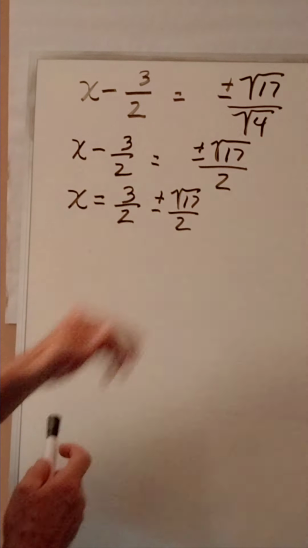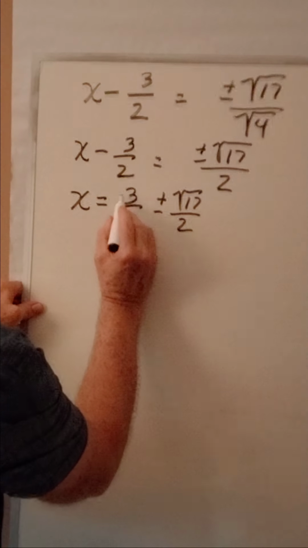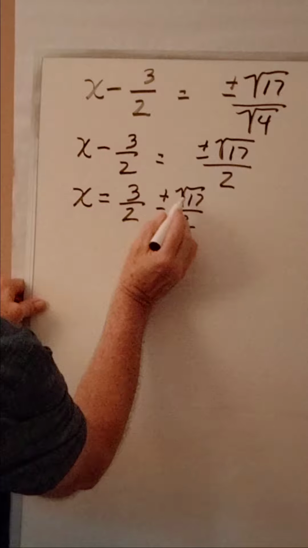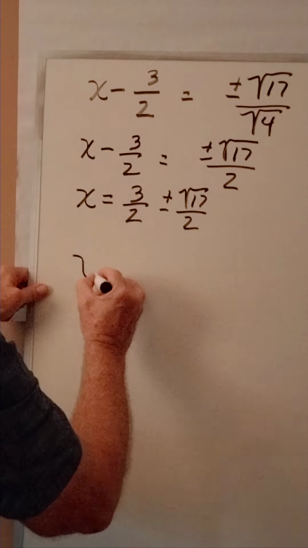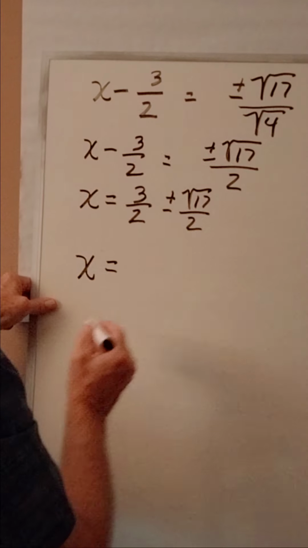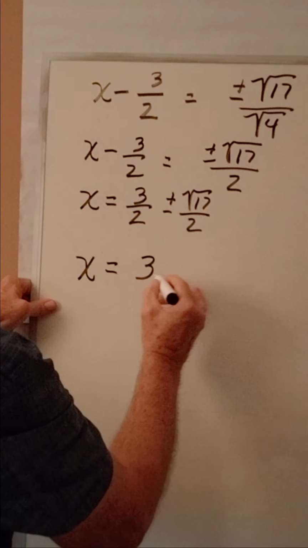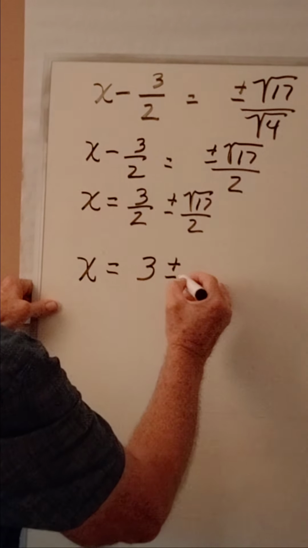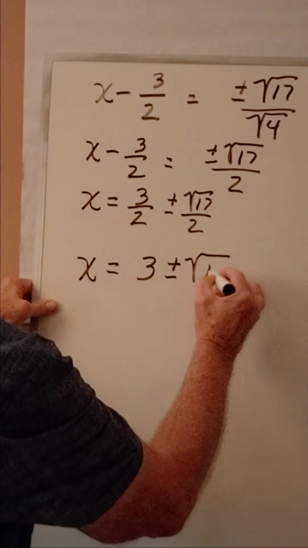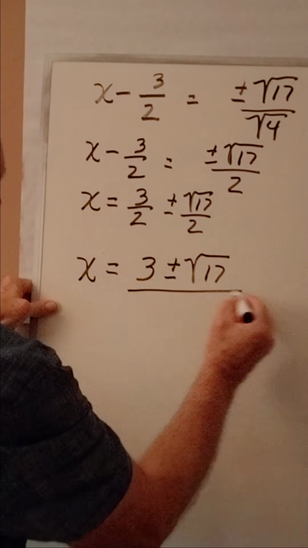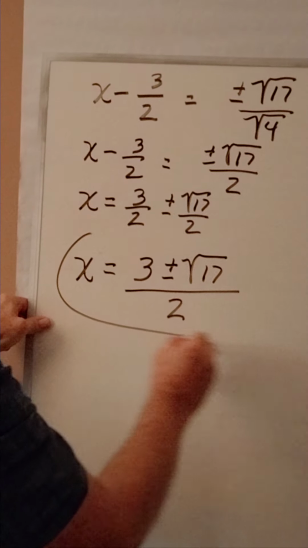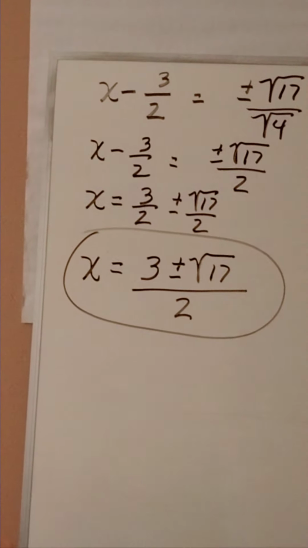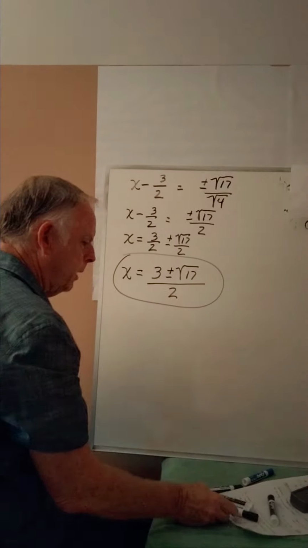We're going to write the sum of the two numerators, and we're going to put it over the common denominator of 2, and we'll have our answer. X is equal to 3 plus or minus root 17, the whole kit and caboodle, over 2. There's our given answer. Those would be our two solutions for that.